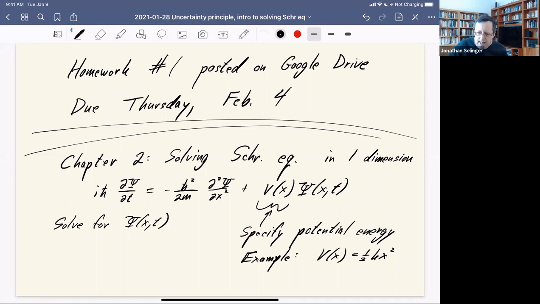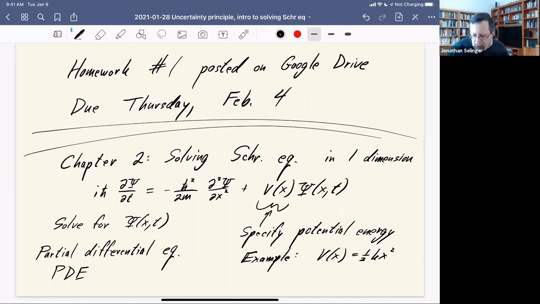Now, this is a type of equation which is called a partial differential equation, commonly abbreviated as PDE. Okay.